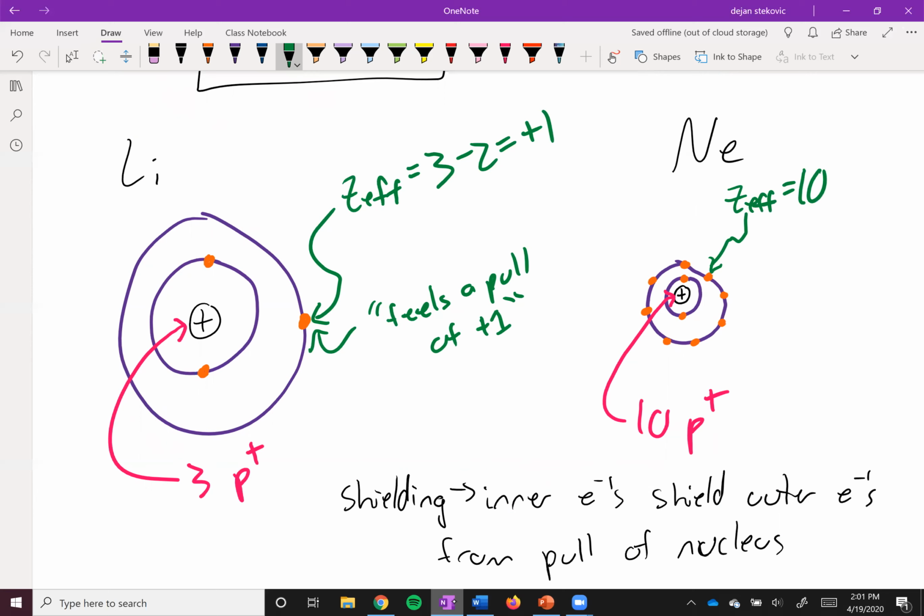Neon's going to have 10 protons, and the only electrons that are shielding are the inner electrons, right? Only the inner electrons. And so there's only 2 of them, and so each of these outer electrons is going to feel a pull of plus 8. And so if you're thinking about which one's pulling harder, plus 8 is obviously going to pull harder than plus 1. The harder you pull on these electrons, the closer they'll get to the nucleus, and thus overall a smaller atom.